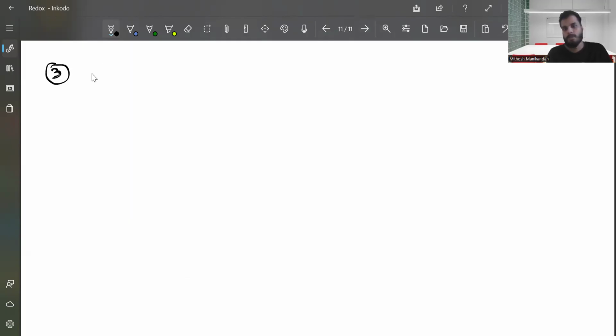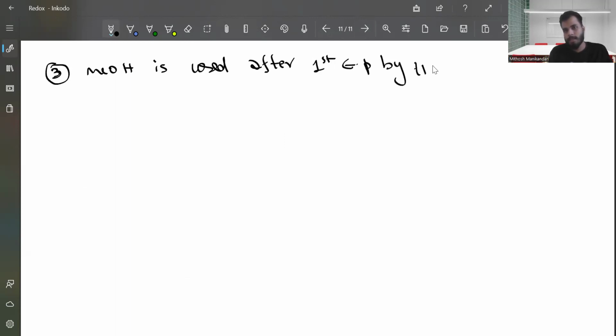Okay. So third, MeOH is used after the first EP by HPH. So we found out the first equivalence point with HPH. Then what we are going to find out is how much extra has been used. After we added MeOH, how much HCl did we add, right? In that case, NaOH is already over, it got finished at HPH.